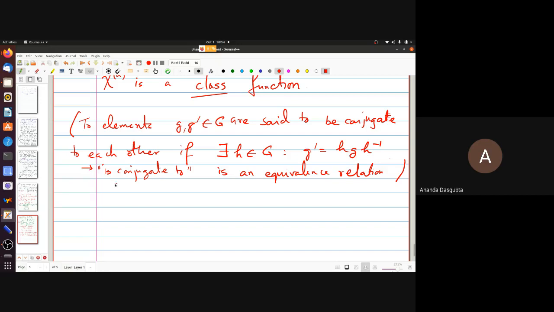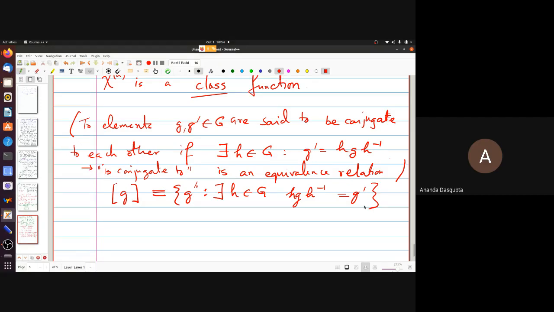So this is by definition all G prime such that there exists H belonging to G so that G prime is H G H inverse. So you collect all the conjugate elements together in a group, you get a class. Okay, clear?